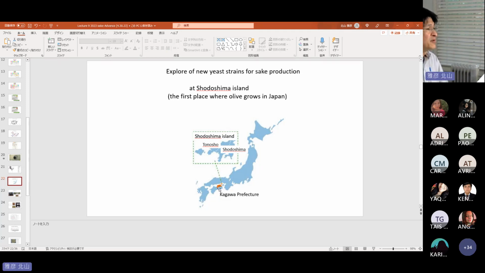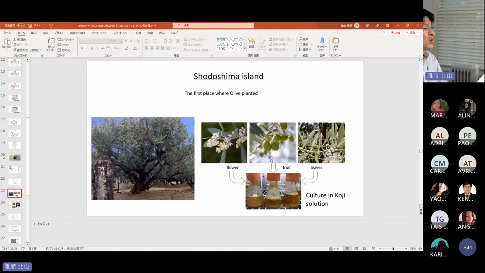The Kagawa Prefecture local government tried to isolate a unique yeast strain from the olive tree. This is the olive tree found on Shodoshima Island. They tried to isolate the yeast strain from flowers, fruit, or leaves.